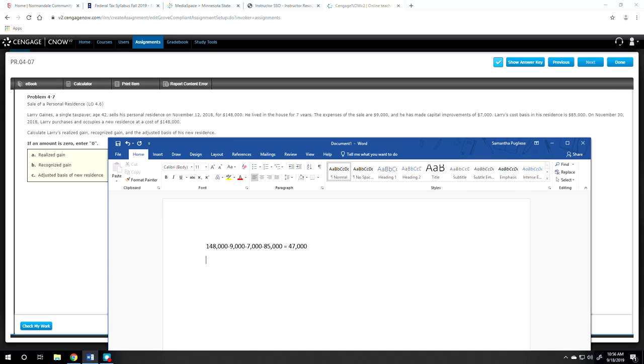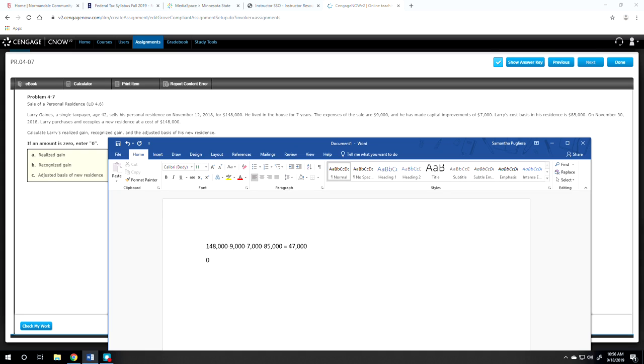He only has a gain of $47,000, so his recognized gain on his tax return that he has to pay taxes on is $0. Yay! That's one of the things that the IRS did that was kind of nice, right?